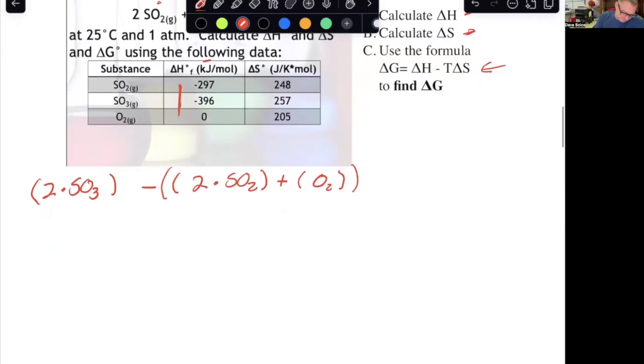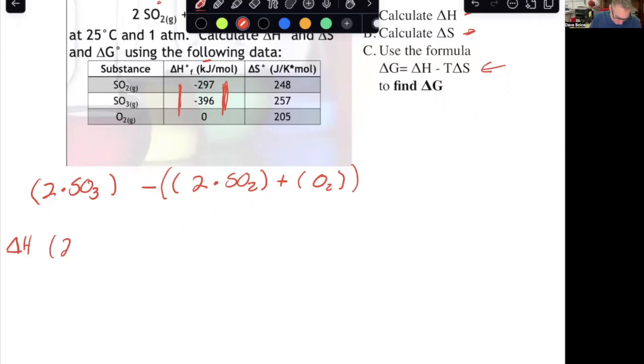Now, to get to delta H and delta S, it's a little bit easier if you took the time to write this, because now you're just subbing in numbers from the chart into the same formula you just wrote. So let's start with delta H. And here we go, right in between the red lines here. This is delta H. Okay, and let's go ahead and start.